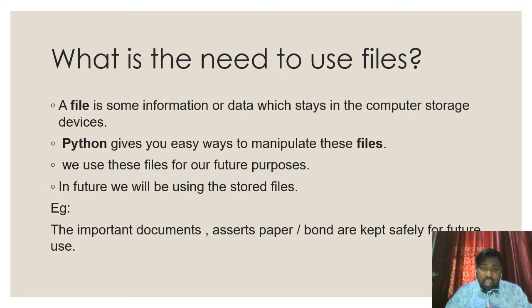In future we will be using the stored files. So after storing, whenever we need, at that time we will access those things. For example, important documents, assets papers or bonds are kept safely for future use. Like that, everything is stored permanently for future purpose.